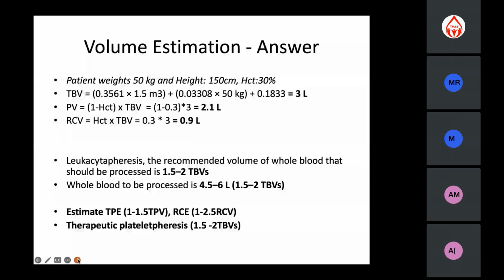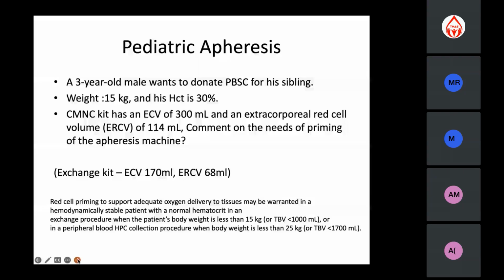So if there's a pediatric patient, a 3-year-old male child who wants to be a stem cell donor for his sibling, the child weighs 15 kgs and the hematocrit of the child is 30%.